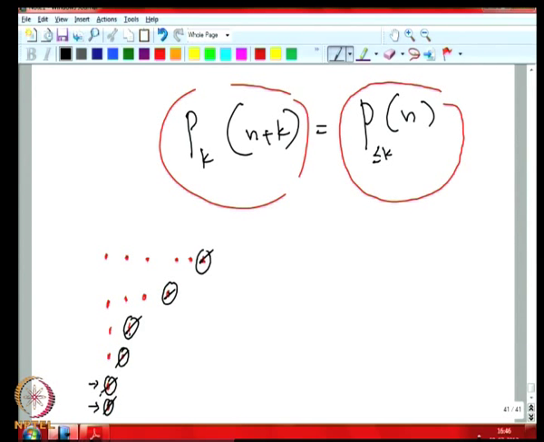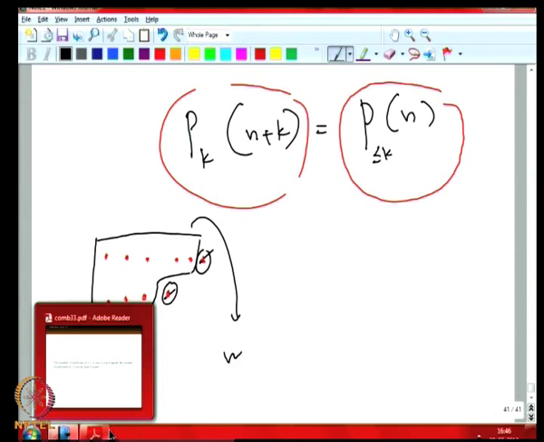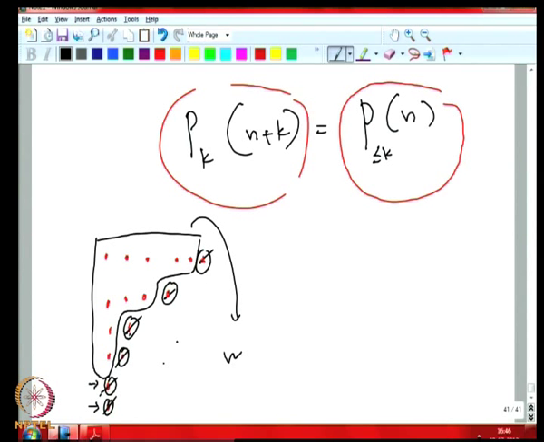So, k things are gone. So, the remaining is a Ferrers diagram for a partition of n. And how many parts will be there? It will never be more than k, it will be at most k. So, given a partition of n plus k into exactly k parts, by this transformation we can get a partition of n into at most k parts.